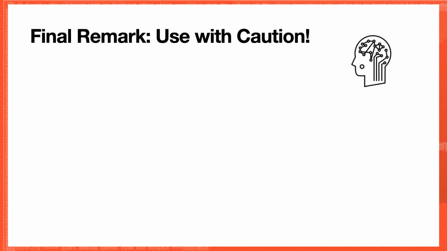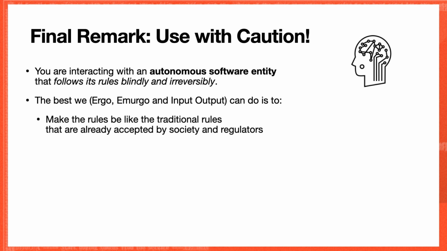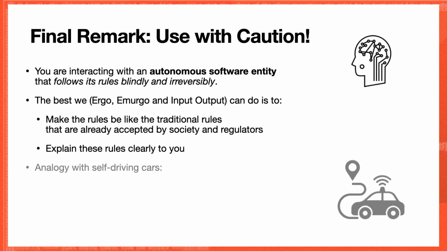And finally, a final remark, you should use and interact with this contract with caution, right? So you should keep in mind that you are interacting with an autonomous software entity that follows its rules blindly and irreversibly. The best we can do is to make the rules be like the traditional rules that are already accepted by society and regulators, and explain these rules clearly to you.